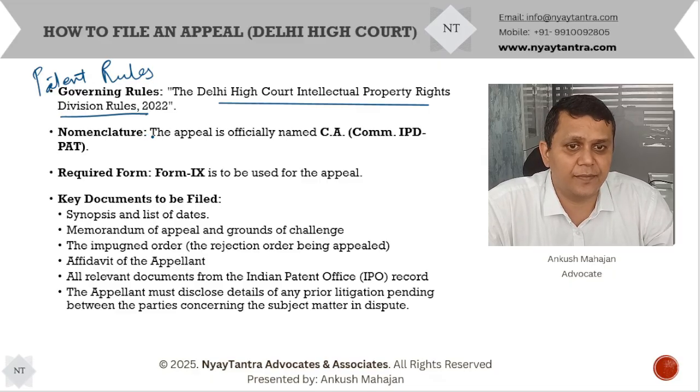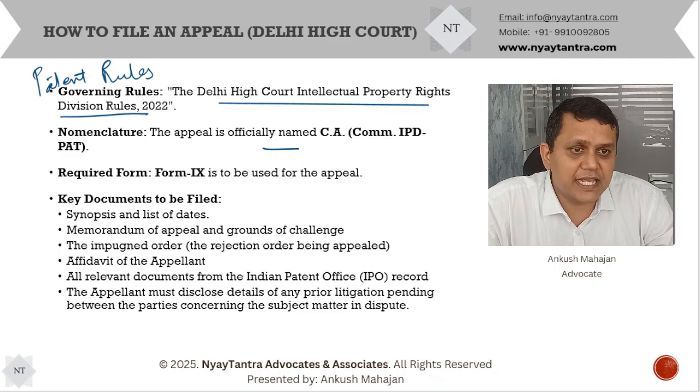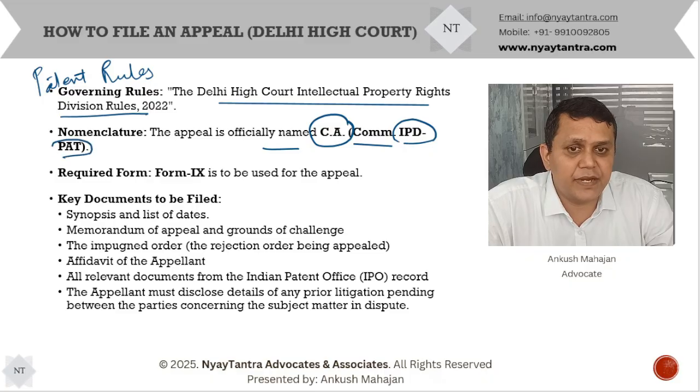Whenever you are going to file an appeal before the Delhi High Court, it is officially named as a civil appeal, C.A. Com means it's a commercial matter, IPD means intellectual property division matter, and PAT means it's a patent matter.